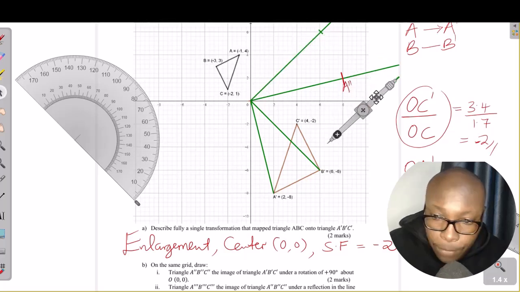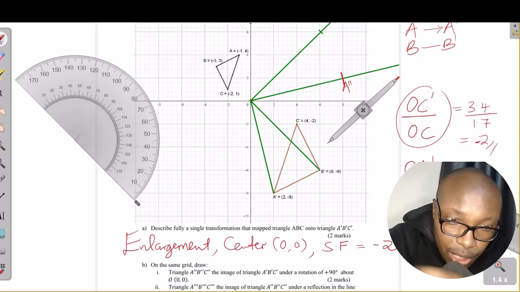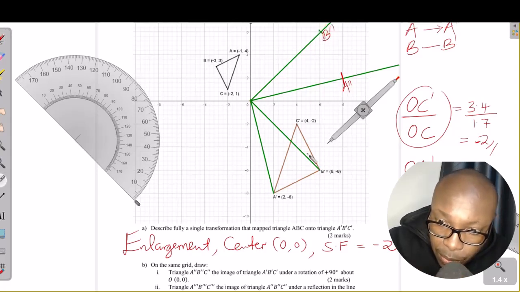That will be the image of B, that is B double prime. You can see this distance, B to O, is the distance you've taken. For A, we took the measurement from A to O and transferred that distance, and marked A double prime.